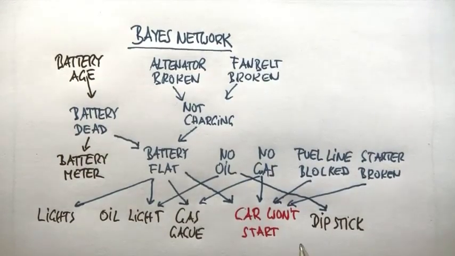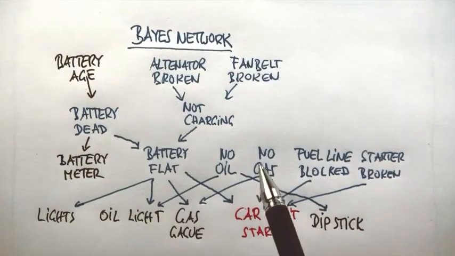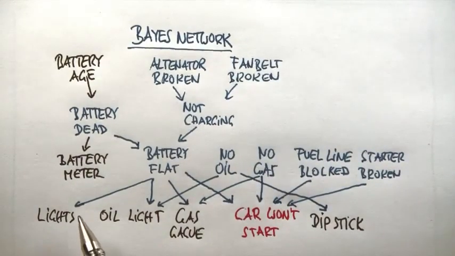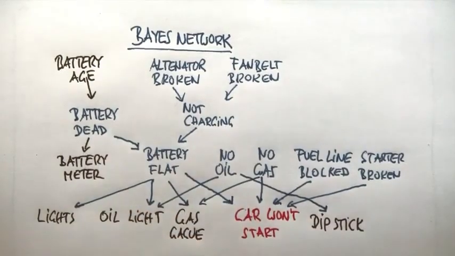A car is a complex system. It has lots of variables you can't really measure immediately, and it has sensors which allow you to understand a little bit about the state of the car. What the Bayes network does, it really assists you in reasoning from observable variables like the car won't start and the value of the dipstick to hidden causes like is the fan belt broken or is the battery dead.